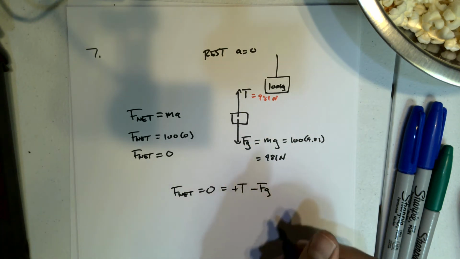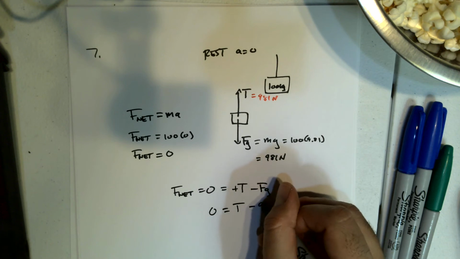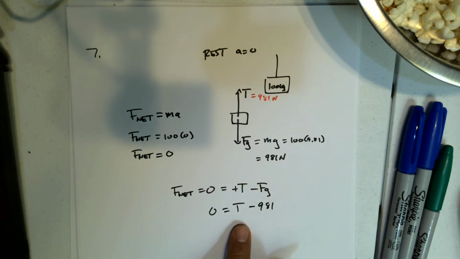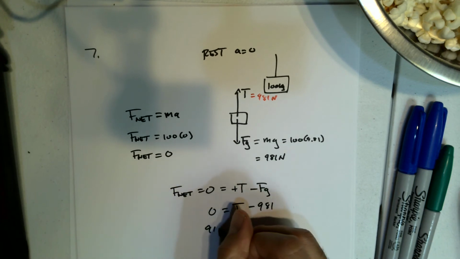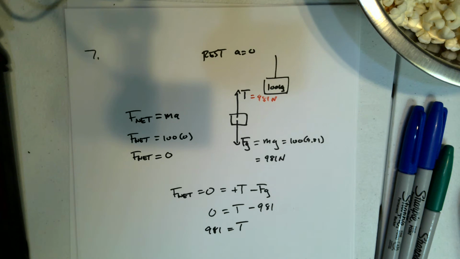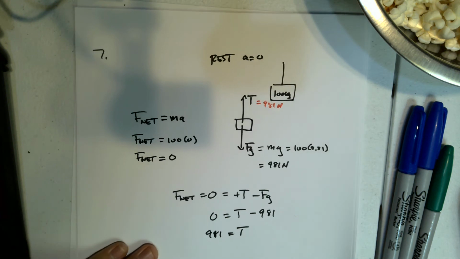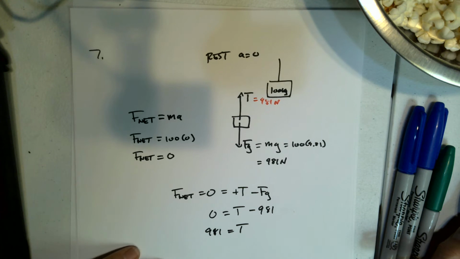And then once we plug in the number for something we have, which was gravity, we knew that that was 981, and T is our unknown here. So if we move the 981 over to here, you get your tension value mathematically as well. So you can use math, you can use logic, you can use a combination of the two, and you can pretty much approach your problems that way.